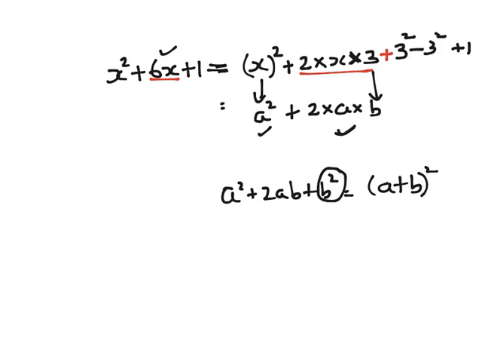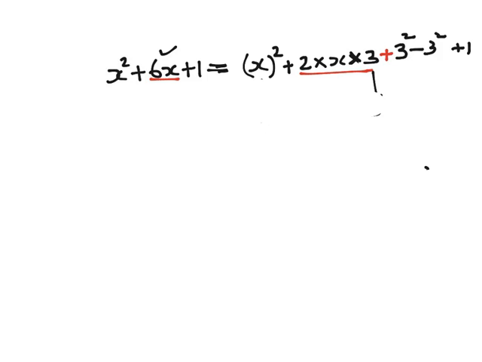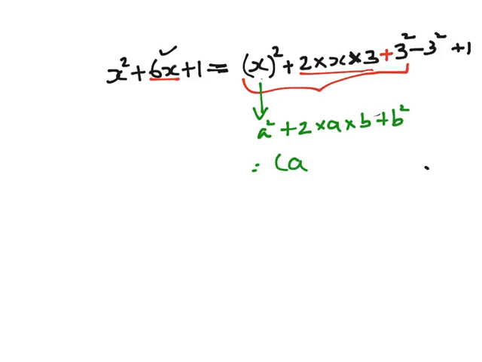Okay, so let me erase this part now. So what I have here is, let me use the green part. I have a squared plus 2 times a times b plus b squared, which is nothing but (a plus b) whole square.